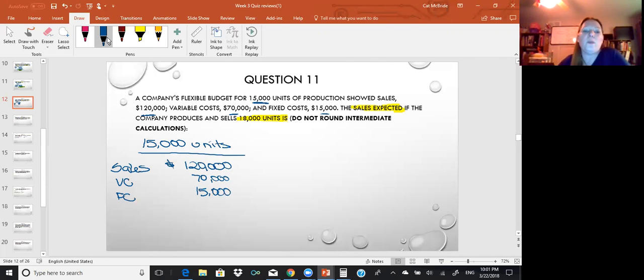We want to know what this would be if we sold 18,000 units. So when we want to know what is the sales that we expect, we're looking at what is the sales dollar.